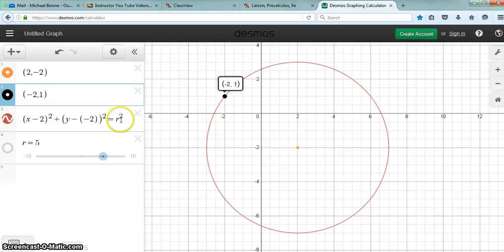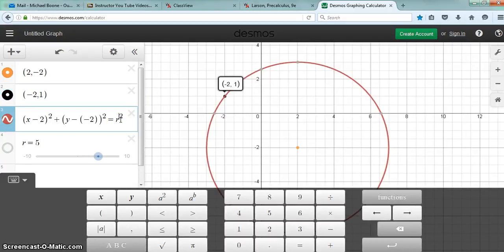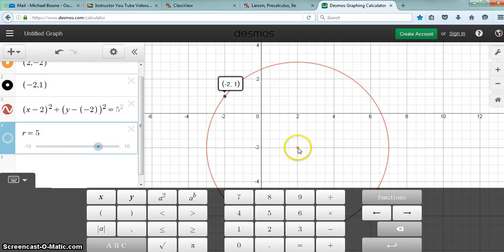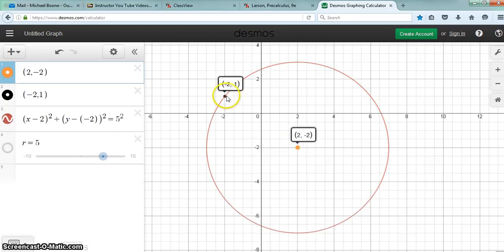So our answer on this one should just be a 25 or a 5 squared. So we have the center at 2, -2, and a point on it of -2, 1. That means if we would have done the distance equation of this, we would have found that distance to be equal to 5.